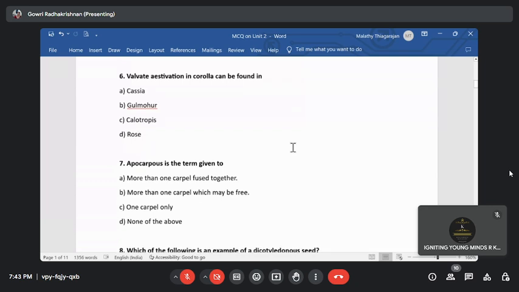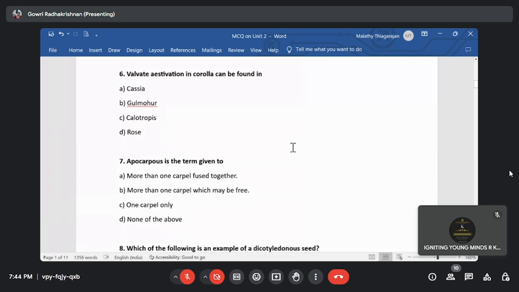Now, sixth one, valvate aestivation in corolla can be found in... Option C, ma'am. Calotropis, yes. Option C is the correct answer. Who answered this one? Because I can't see the page when I'm seeing the word. Can you please tell your name?